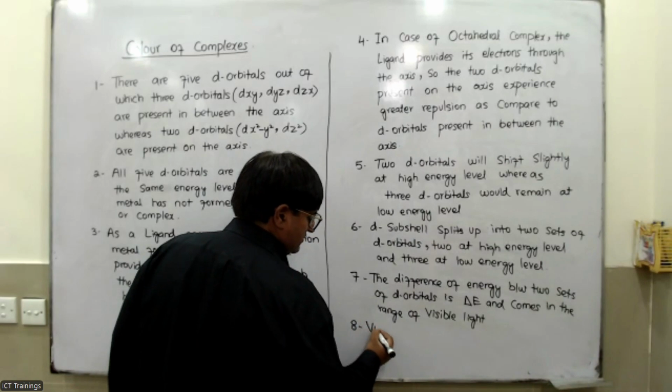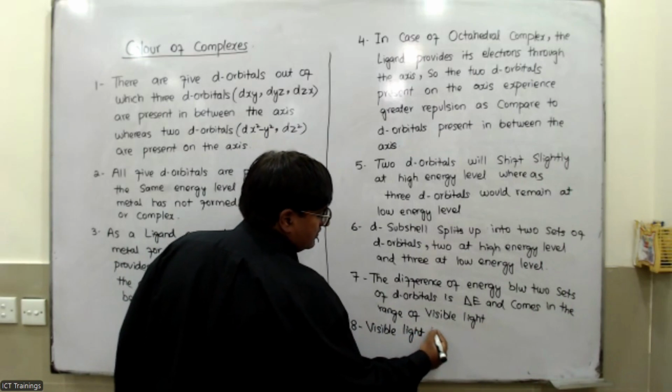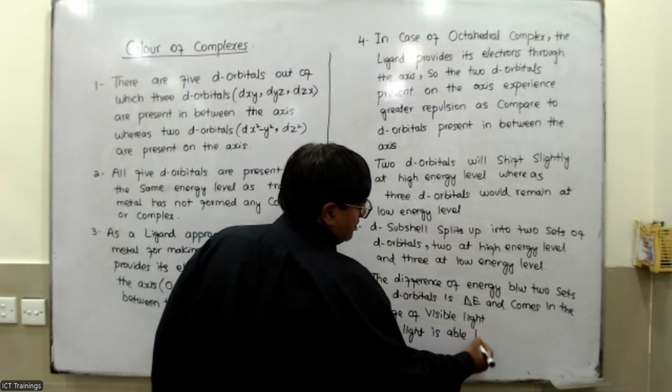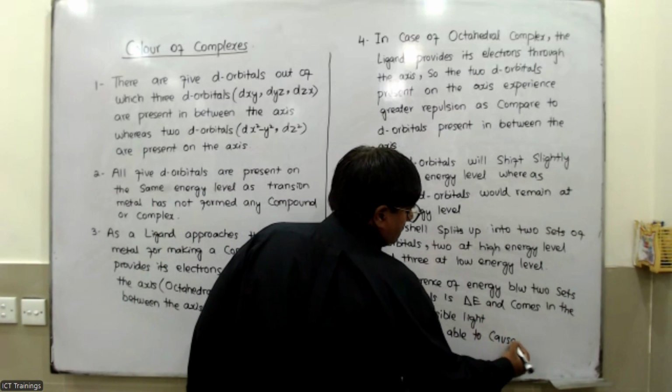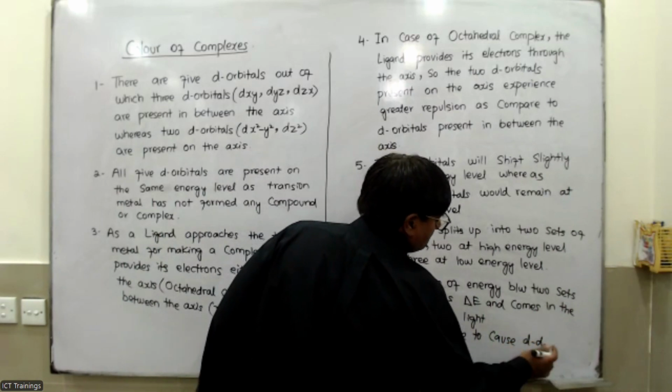Number 8, visible light is able to cause d-d transition.